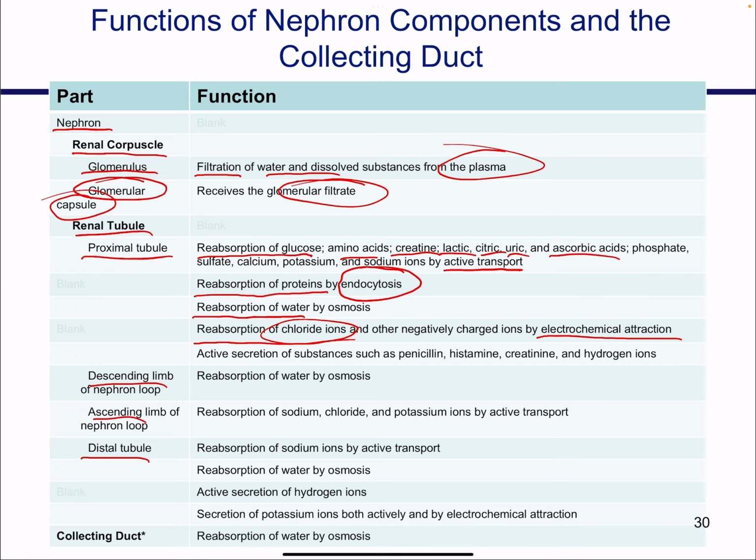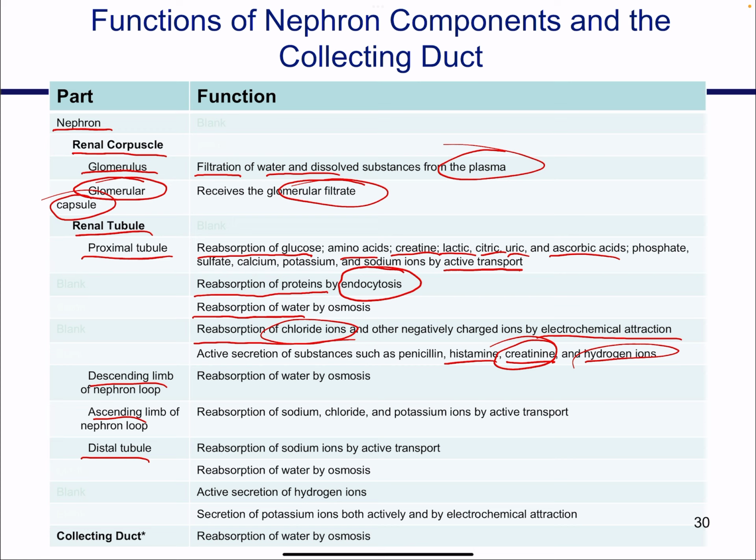And then we are going to also have a secretion of some of the drugs that we take, including penicillin, right? We have secretion of chemicals such as histamine, creatinine, that is a byproduct of creatine, right? And hydrogen ions are also excreted.